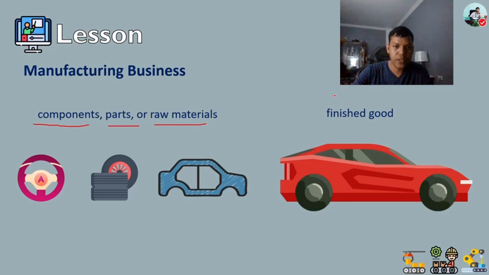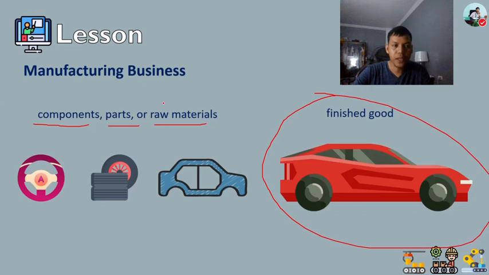So this is the finished good after we process the components, parts, and raw materials. These are examples of manufacturing business.